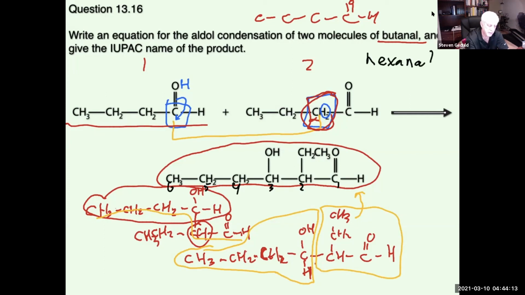That's the end of it, and you have some substituents attached to it. You have a substituent here and a substituent here. So you have 3-hydroxy, and 2 is an ethyl group, so 2-ethyl.